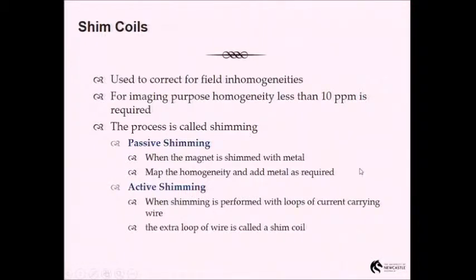There's passive shimming, where you can slip little bits of metal in and around the magnet after you've mapped the homogeneity and then improve it. Or you can do active shimming, where there are coils around the magnet that you energise to make the homogeneity of the magnet more to your liking.